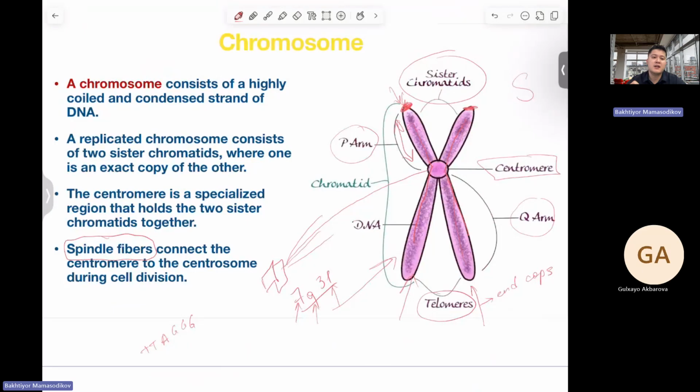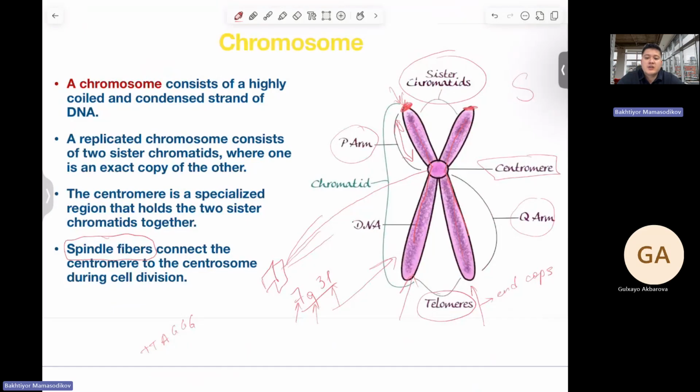When too short, the cell is going to die or it's going to be mutated. Chemotherapy targets many anti-cancer drugs. They stop the chromatids from separating. So sister chromatids won't separate, stopping cancer cell division in this case.